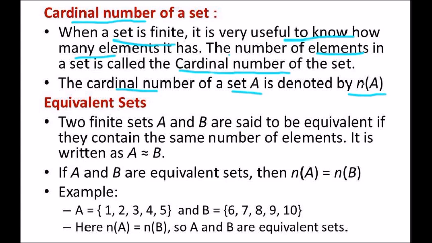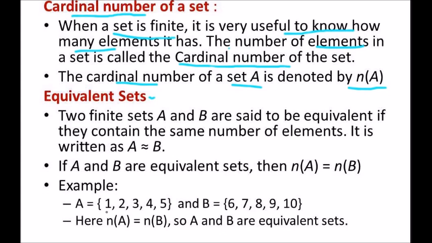Now, let us consider the following sets. Set A is equal to {1, 2, 3, 4, 5} and set B is equal to {6, 7, 8, 9, 10}. Here, the two sets have different elements or members, but the number of elements in A is equal to the number of elements in set B, that is, n(A) is equal to n(B).